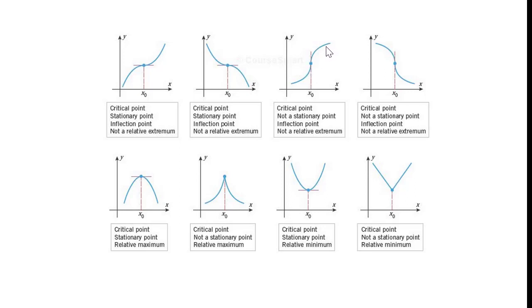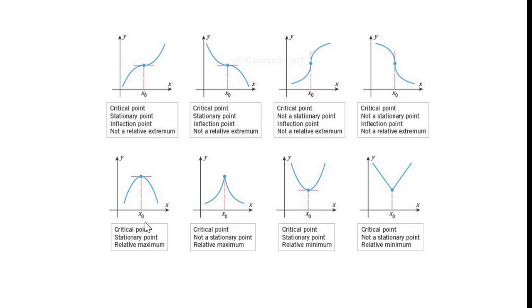On the other side, all your slopes are positive, but they're going off to positive infinity as you get closer and closer to this point. So this is not a stationary point because the derivative is not 0. It is an inflection point. To the left, it's concave up. To the right, it's concave down. But it's not a relative extremum. The mirror image is happening on the next one.